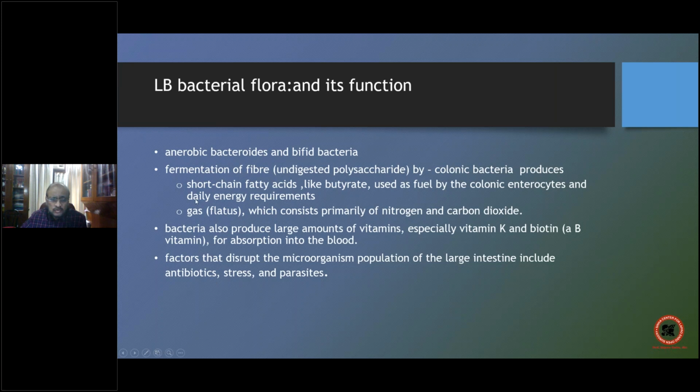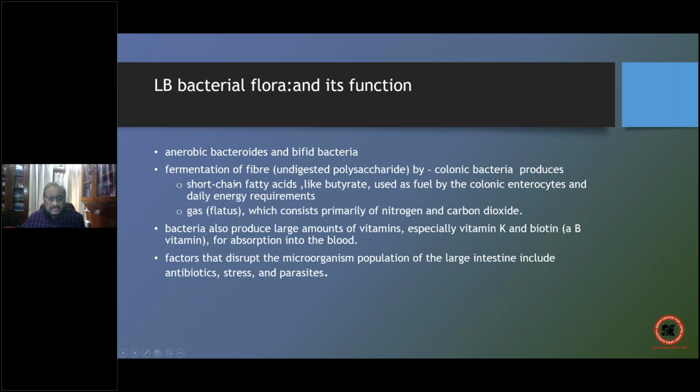Why? Because they produce the short chain fatty acids like butyrate, which are used as fuel by the colonic enterocytes, and daily energy requirements when they are absorbed into the body. So primarily, the integrity of the colonic enterocytes is dependent on these bacteria fermenting the undigested polysaccharide and generating short chain fatty acid.